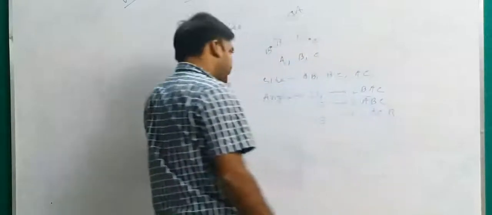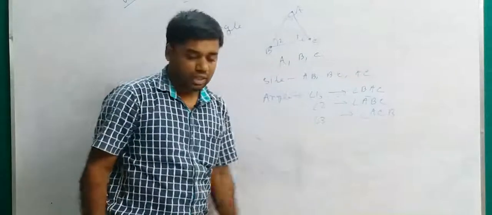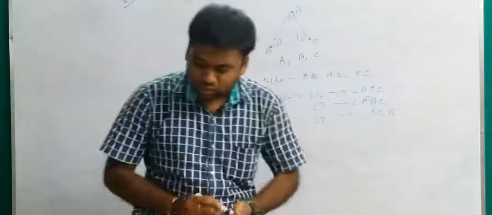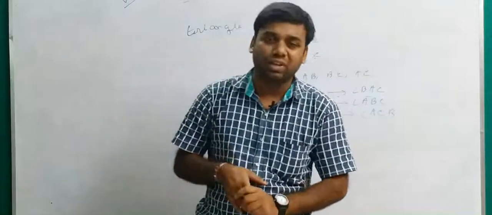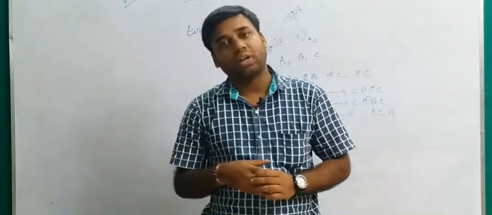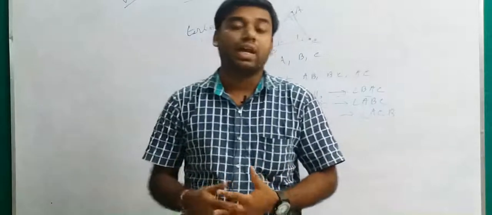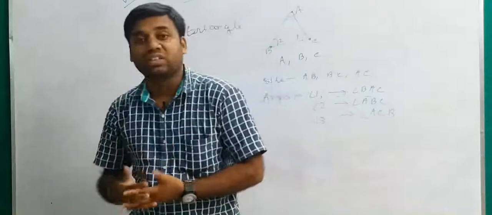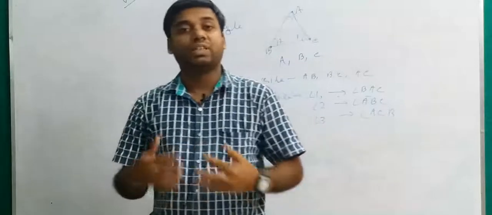So there are 3 vertices, 3 angles and 3 sides. Based on sides and angles, we can classify triangles in various ways. Later we will discuss what is an acute angle triangle, obtuse angle triangle, right angle triangle, and on sides what is an equilateral triangle, isosceles triangle, scalene triangle. I will discuss these later.